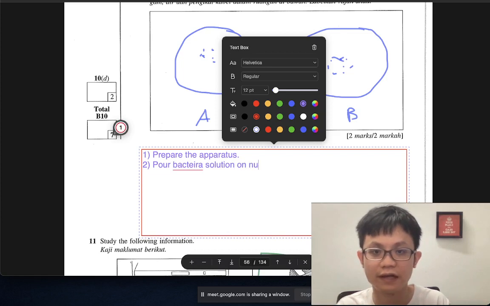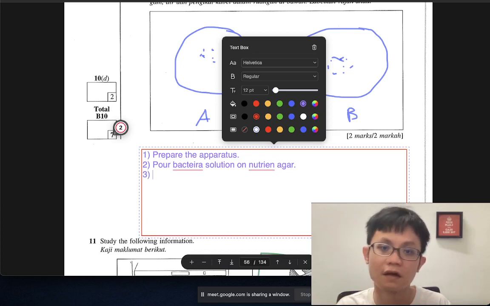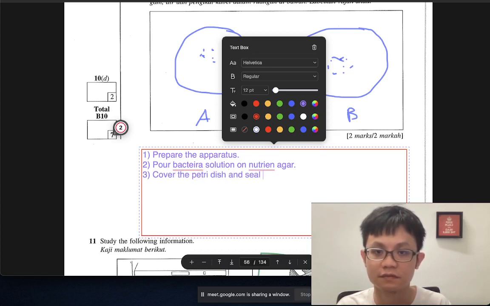Okay, next. Then cover the petri dish and seal it with tape, with cellophane tape. Okay.